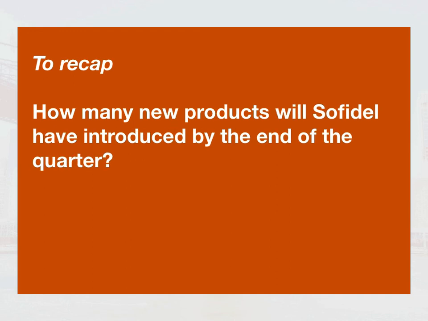How many new products will Sophidel have introduced by the end of the quarter? This is actually going even a little beyond what we perhaps have practiced now, and we have here a future perfect, but it all still follows all those same rules.